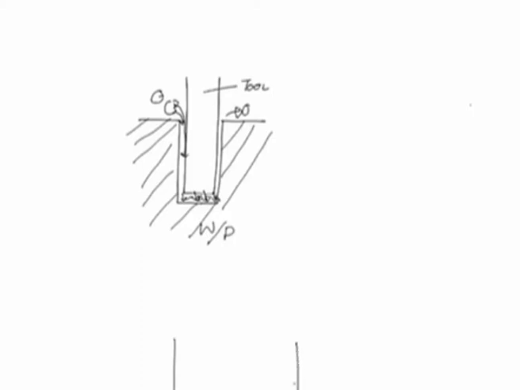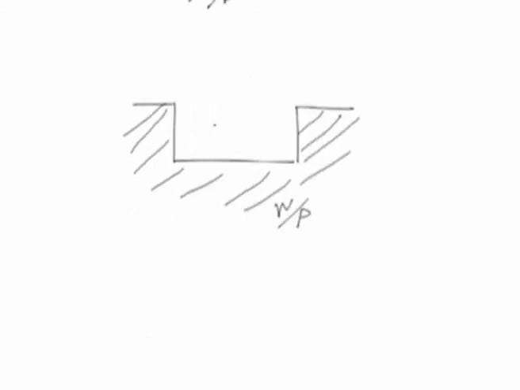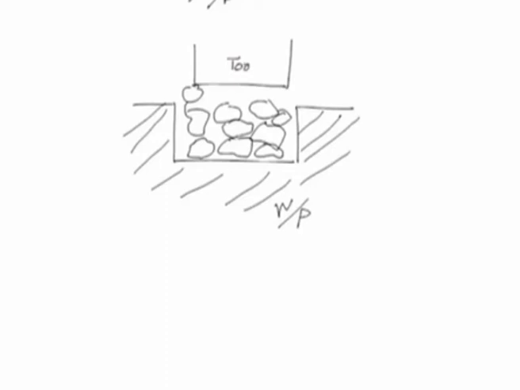This can be explained something like this. If this is the workpiece and these are the abrasives, and if the abrasive concentration is too high in the cutting zone, this is the tool which is hitting these abrasives, or you can say it is oscillating like this, then instead of these abrasives hitting the work material effectively, they will hit each other.